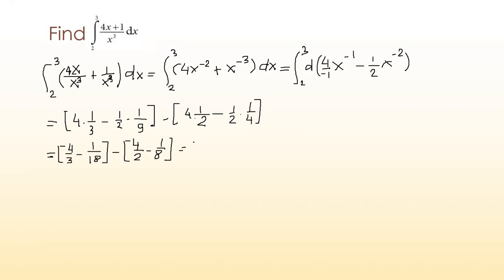Okay, we need to come to the same denominator, times 6, 18, times 6, 24 over 18 minus 1/18 over 2 minus 1/8 equals 1 7/8. This 23 over 18 minus 1 7/8.